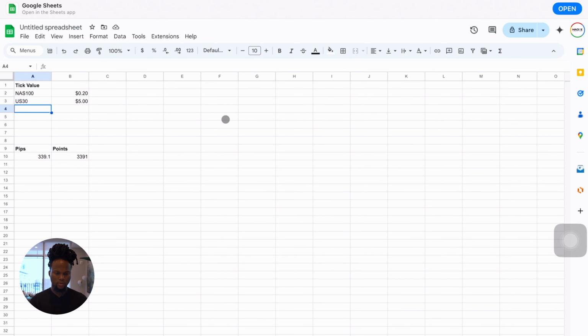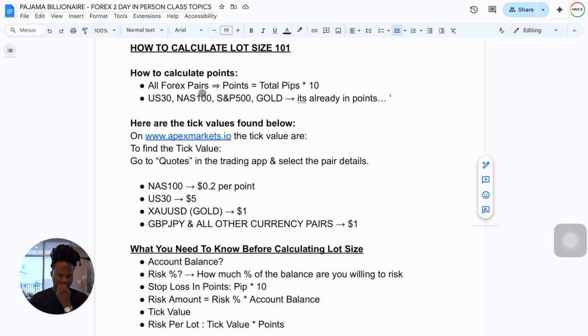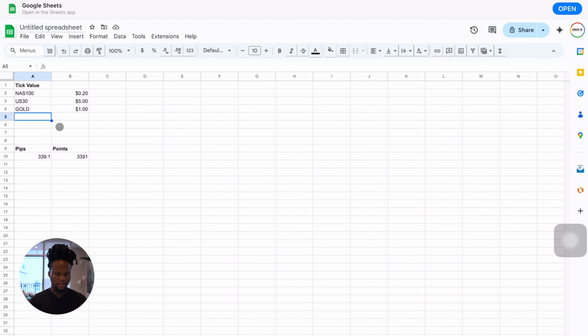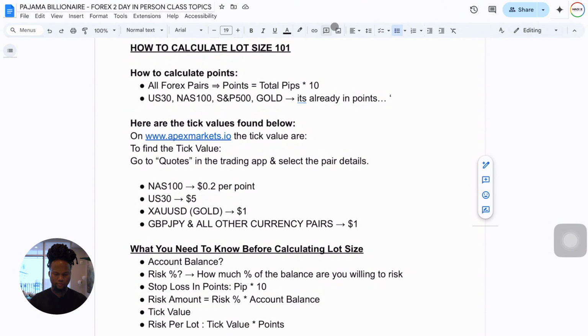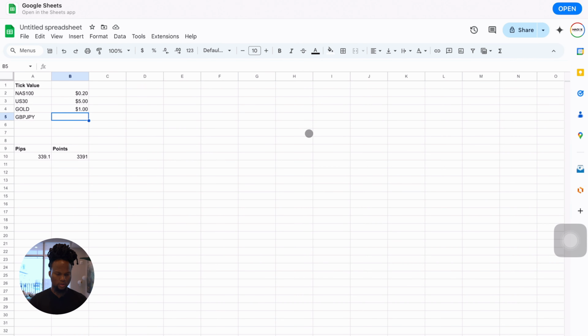Gold is $1 per point. And GBP JPY, the best of them all, and all other currency pairs, is $1 per point, right?